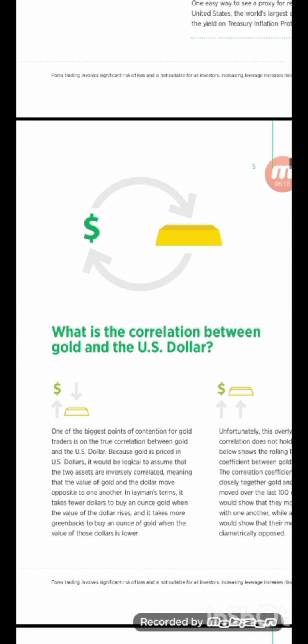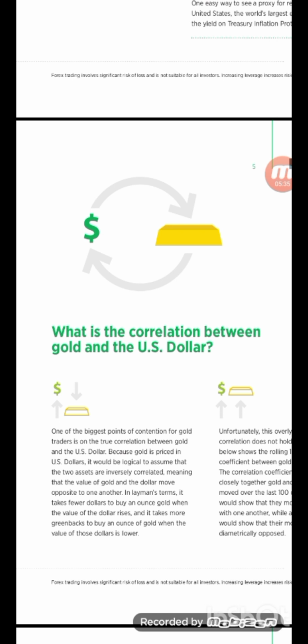What is the correlation between gold and the US dollar? One of the biggest points of contention for gold traders is the true correlation between gold and the US dollar.